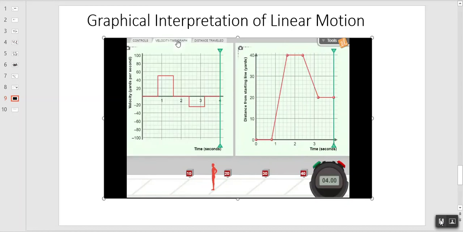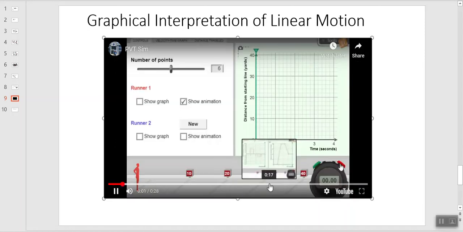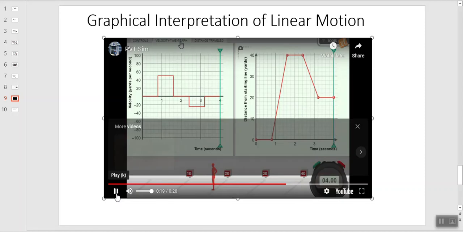What about the velocity? Let's take a look at the velocity. So the object is moving at a constant velocity. So where is the object when it's at its constant motion? So let's take a look at a section in there and then pause it.